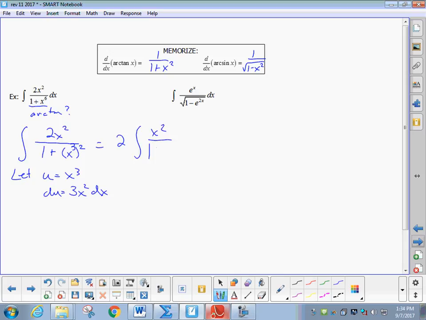X squared over 1 plus x cubed all squared dx. Okay? Great. Now, do you have x squared dx, or do you have a little more? Well, you could say du over 3 is x squared dx. Then you could most definitely substitute. Does this look familiar? Is this how you did it? Yeah. Okay. Good. If you see that 2/3 thing, by all means, go for it.